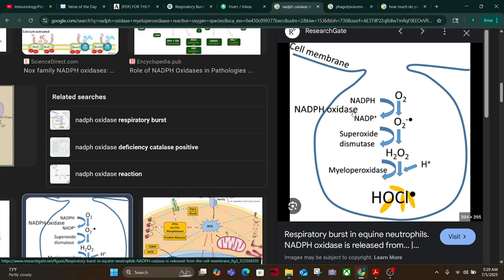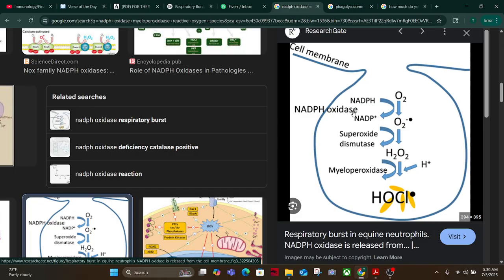The NADPH oxidase is working, producing superoxide that reduces the dye. A negative NBT test means NADPH oxidase is defective, so neutrophils cannot make superoxide, and the dye stays colorless.